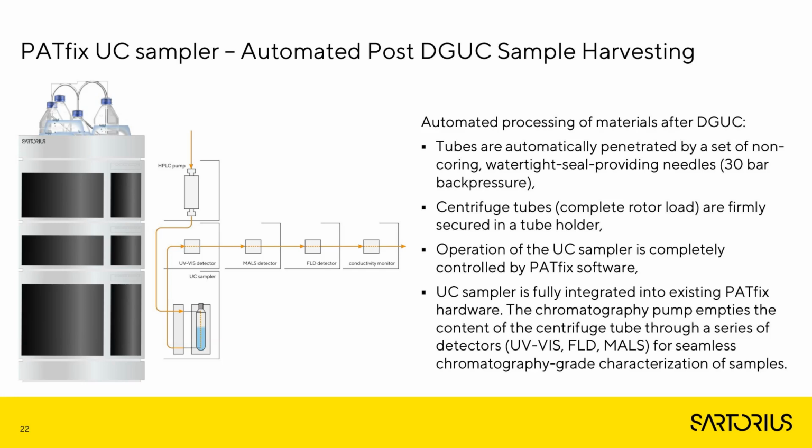So the chromatography pump empties the content of the centrifuge tube through a series of detectors like UV, fluorescence, and mass, as Andrea was already mentioning before, and this enables chromatography-grade characterization of samples.